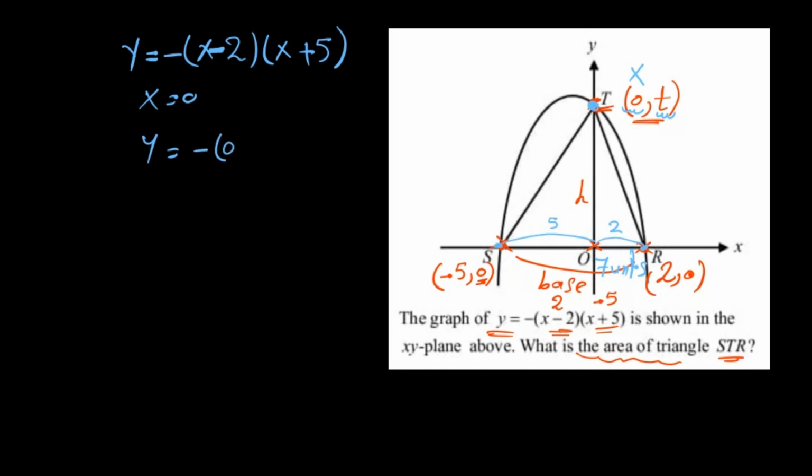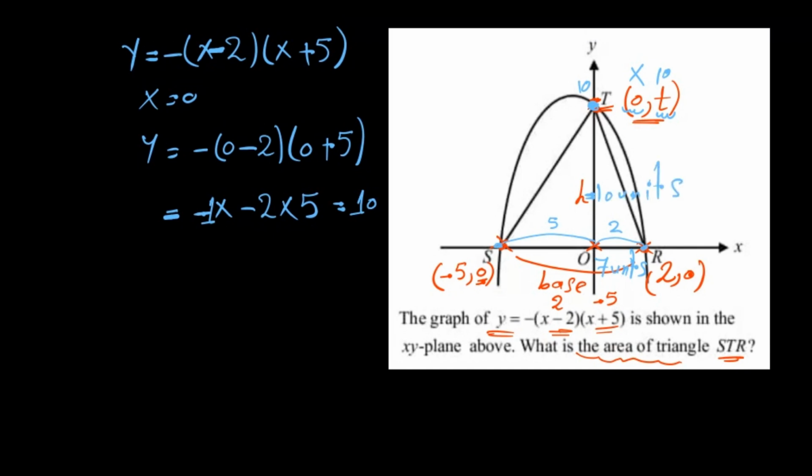Negative 0 minus 2 times 0 plus 5. It equals negative 1 times negative 2 times 5, which equals 10. Yes, t equals 10. That means this point is 10, so the height equals 10 units.